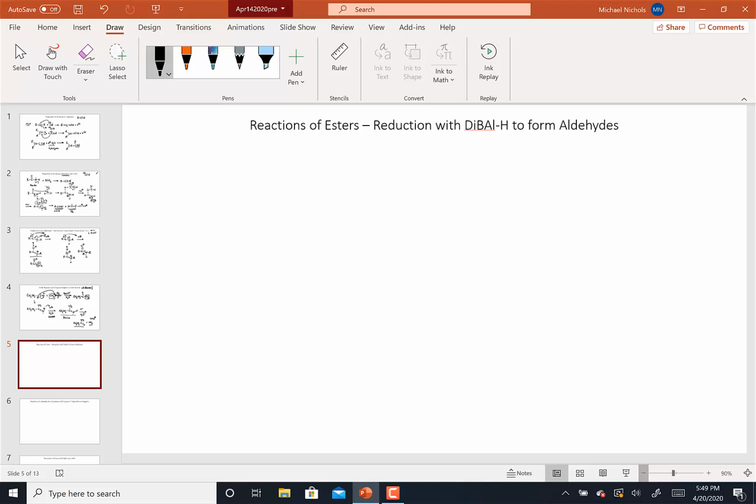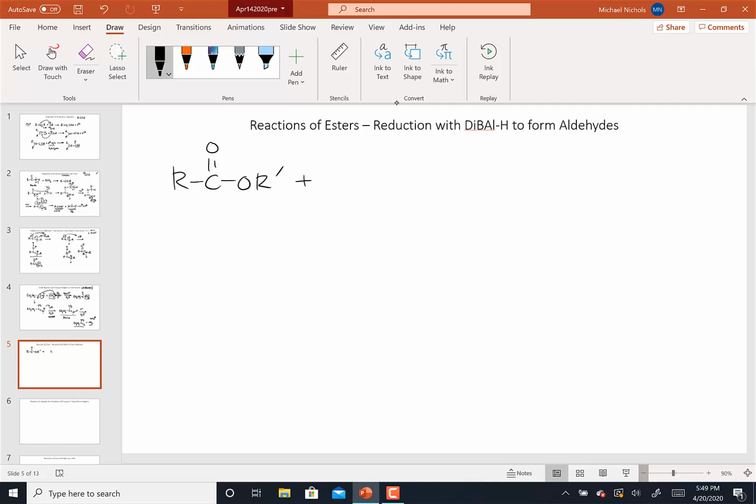Reactions of esters, reductions with DIBAL to form aldehydes. Okay, so I'm going to take my ester, which again has a carboxylic acid part and an alcohol part. And now what I'm going to do is react it with DIBAL. What is DIBAL?